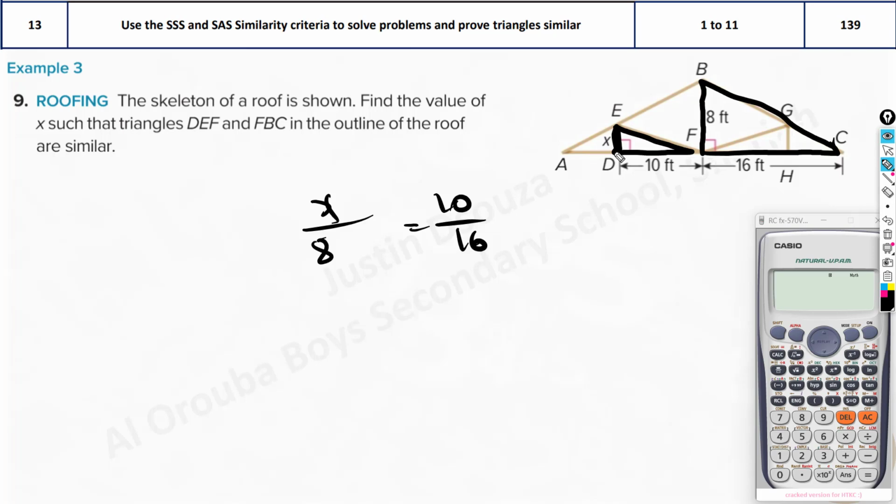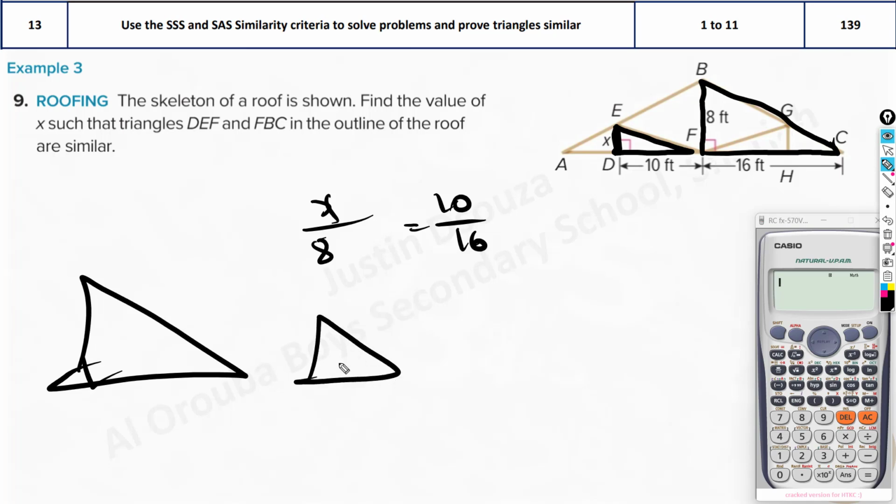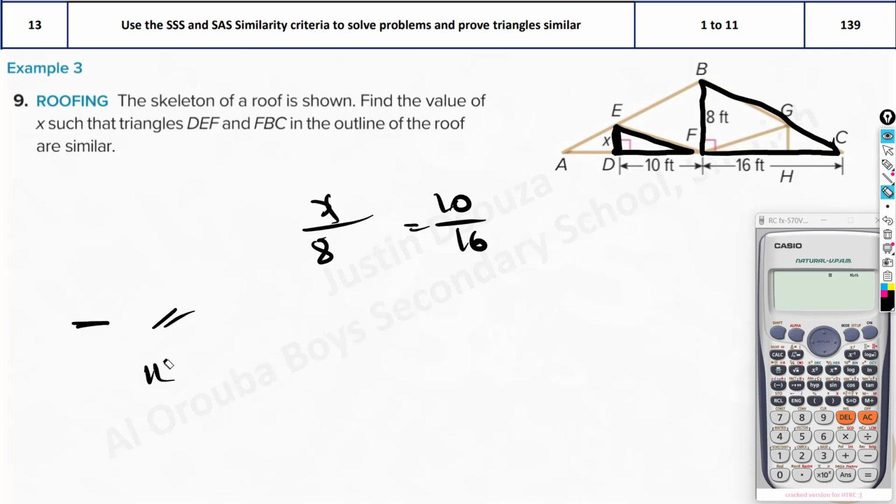Corresponding means, if I draw two triangles like this, this side is corresponding to this side, this is corresponding to this, and lastly the base is corresponding to this base. Proportional means when I divide these, they must be equal. Proportion is writing one set of sides according to the corresponding sides.